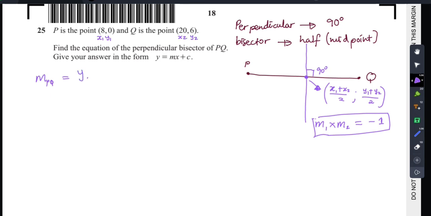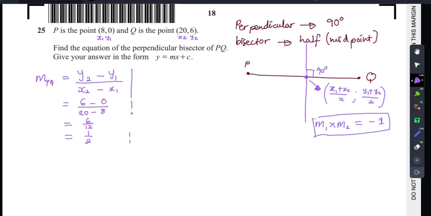Remember when you're finding gradient, that's (y2 minus y1) over (x2 minus x1). You can write this in any order. So we have (6 minus 0) divided by (20 minus 8). This will give us 6 over 12, and that is half.